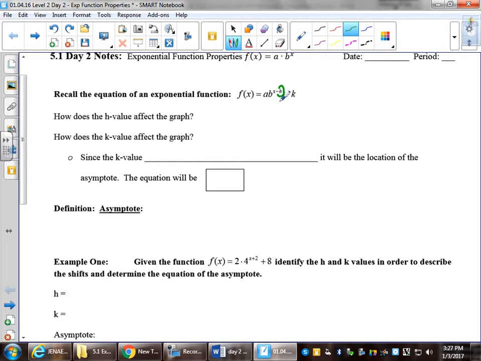h is the horizontal shift. Left or right.